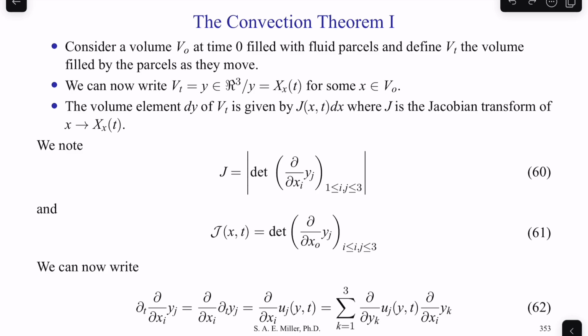Now we're going to be able to write partial t of partial x_i of y_j. We can move the partial t inside. We'll say partial x_i of y_j is u_j now, which we can expand out with a summation of k equals 1 to 3, partial y_k of u_j, partial x_i of y_k.